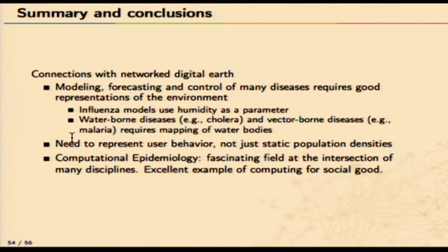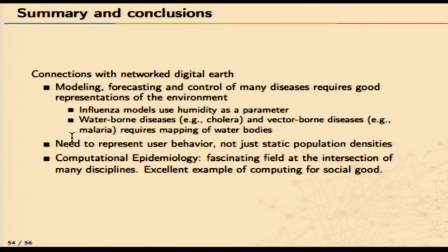So how is it connected with, at least in my interpretation, the theme of this conference? If you want to model and forecast diseases, you need multiple things. One of them is good models for the environment. There are models for influenza which use humidity, but that's an easy thing to get.